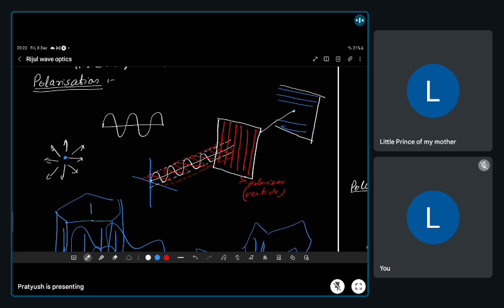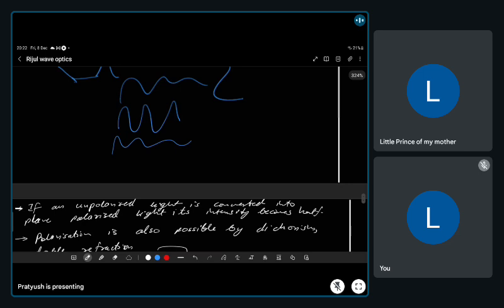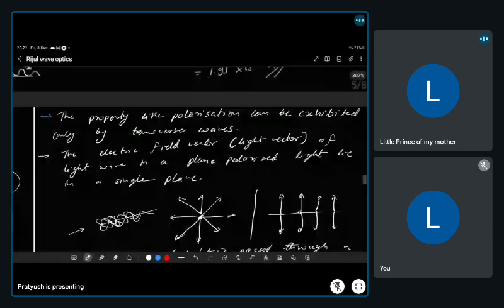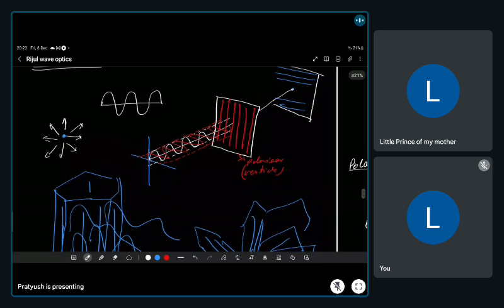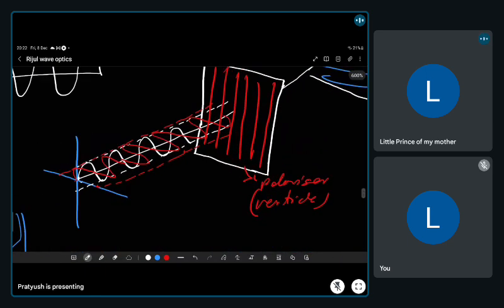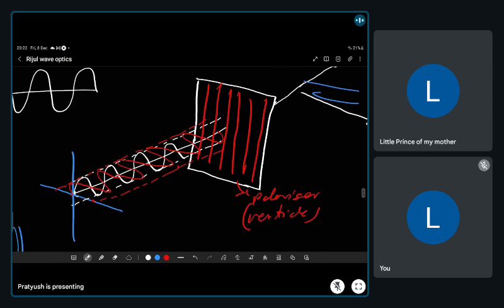When it came in contact with the Europeans, they named it tourmaline crystal. That tourmaline crystal has a property. What property does it have? It acts as a filter for light rays.